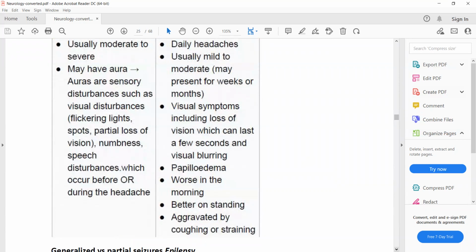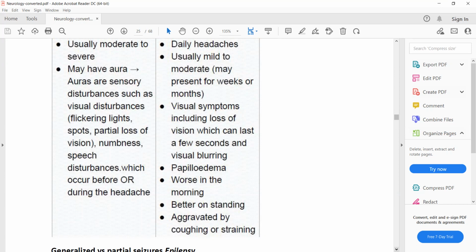The pain due to idiopathic intracranial hypertension is worse in the morning, gets better on standing, and gets worse by coughing or straining. So remember these important features for the diagnosis.